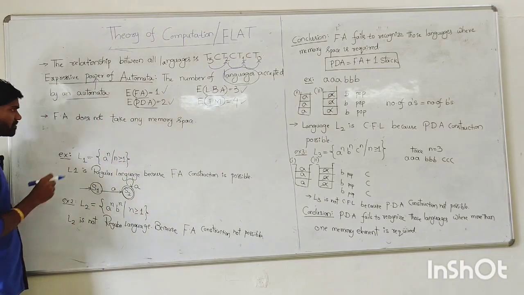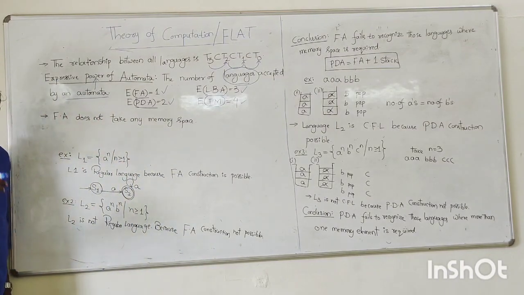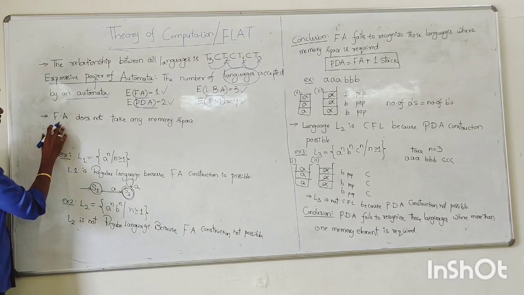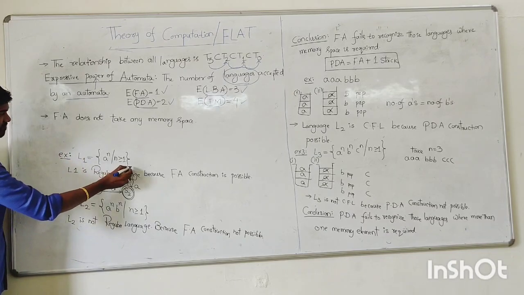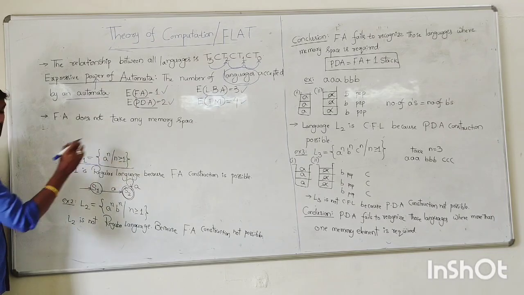Now, before I gave the question of why these many automata are required, let's take one example for finite automata. Language L1 is equal to a power n, n greater than or equal to 1.